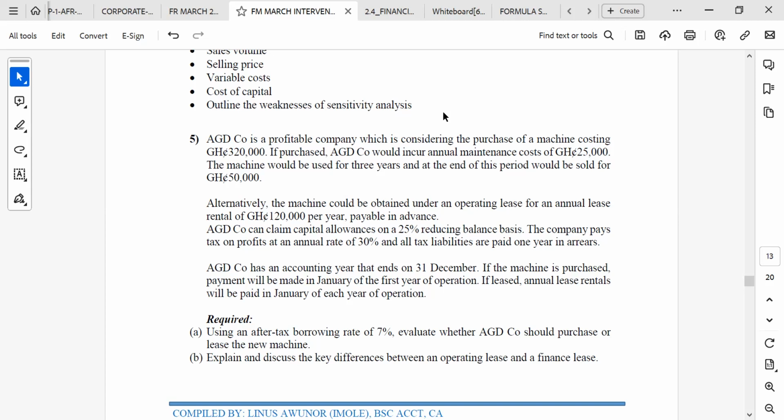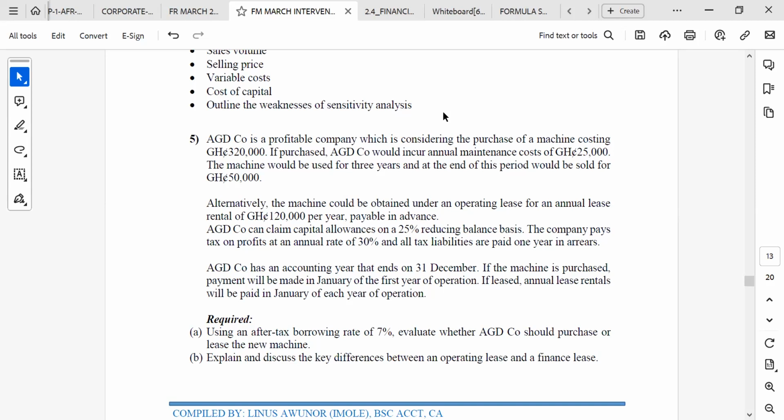But whatever be the case, the interest plus the capital payment will also be tax allowable. So the company will be enjoying tax benefit on the rent. But the question will always give you the operating lease because it's financial management, not financial reporting. So you don't have to be using IFRS 16 to do that, no. So the question will always give you operating lease.